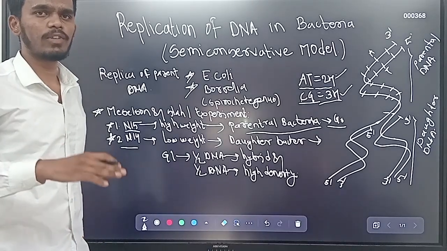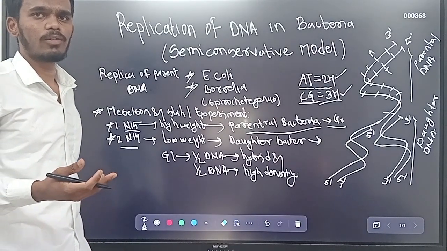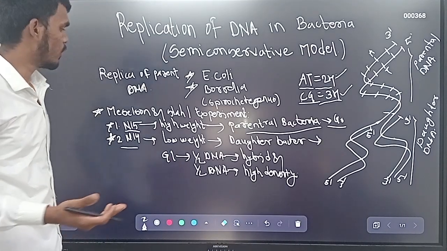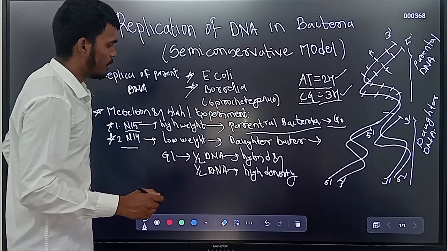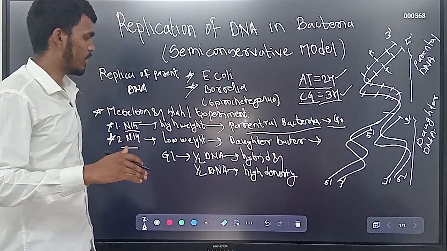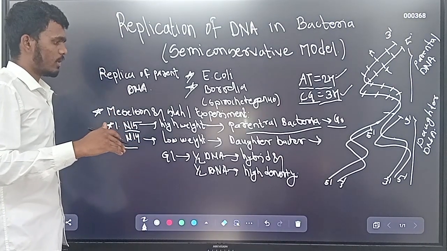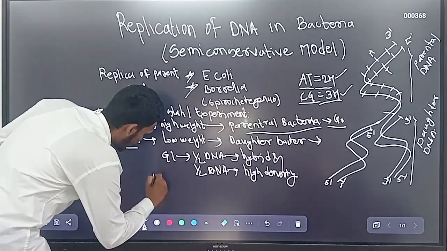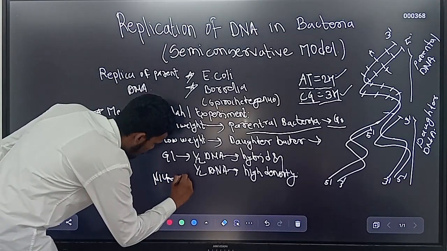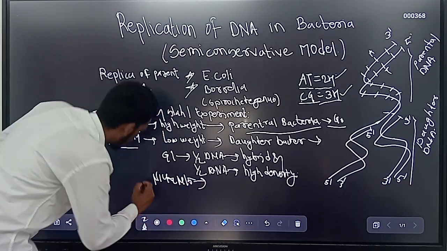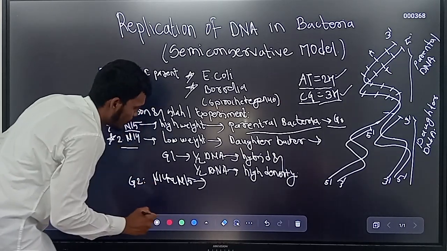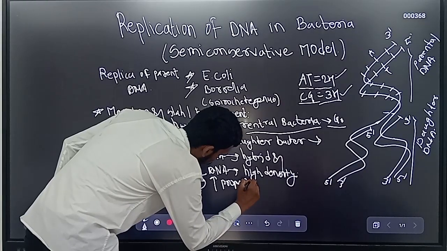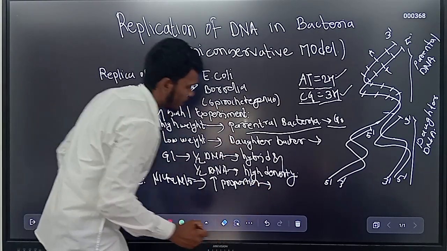G1 or generation 1, when again we go for growth in nitrogen 14 as G2 or generation 2, it was found that the amount of hybrid DNA, containing both nitrogen 14 and nitrogen 15, was increased, along with a proportion of light DNA.